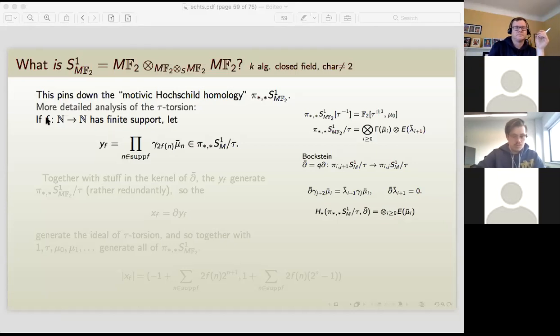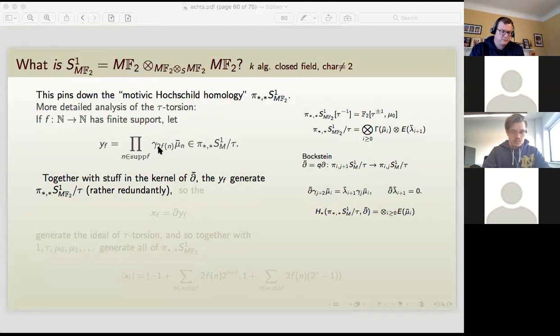So I choose an f that has finite support, and I let y_f be this product of all these mu_n's to the gamma_{f(n)}. Okay, so those are just products of things in the divided power structure.